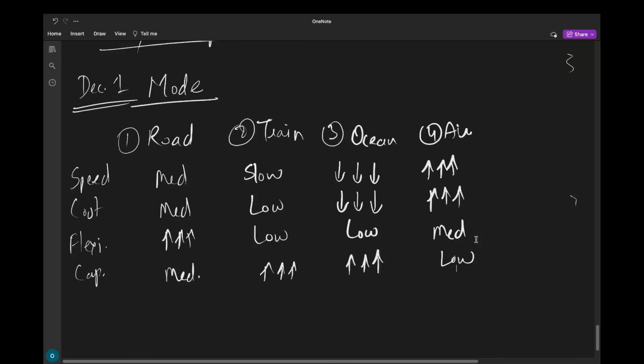Now let's also understand what are the uses. So let's add one more variable, best for. Okay, so road is best for door to door, for short to medium distances. Now train is best for bulk goods and long distance over land.